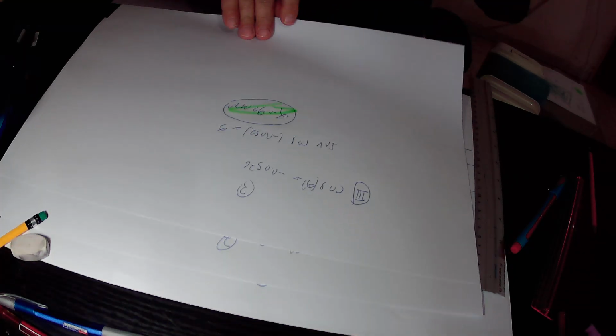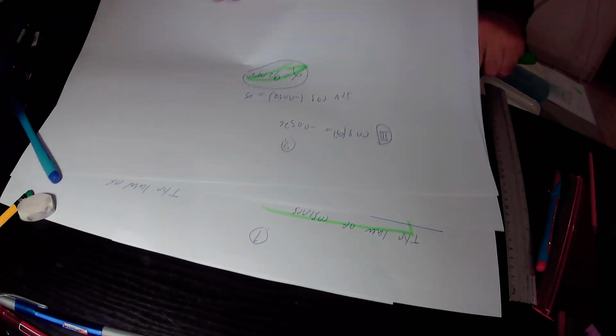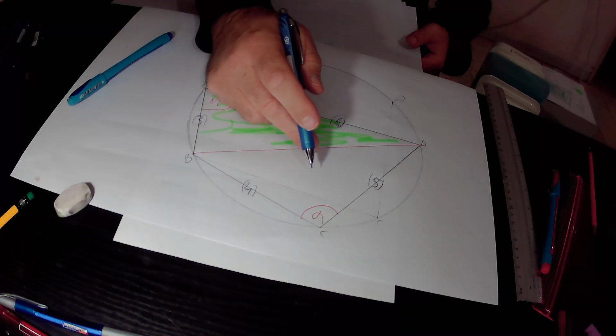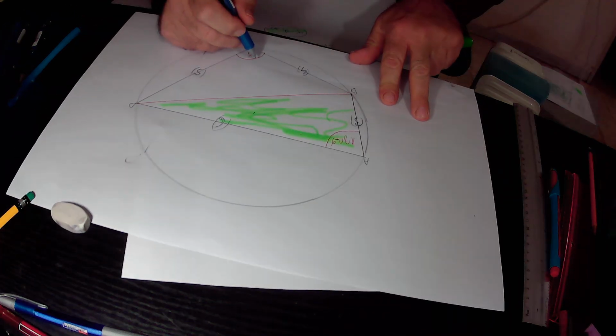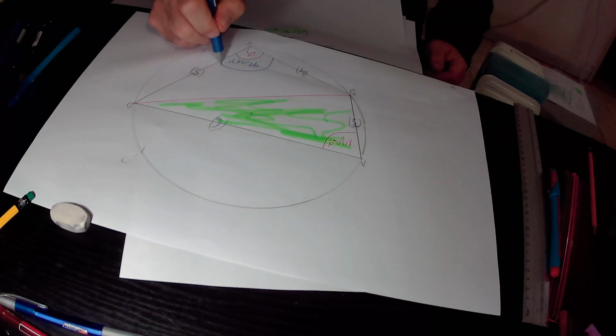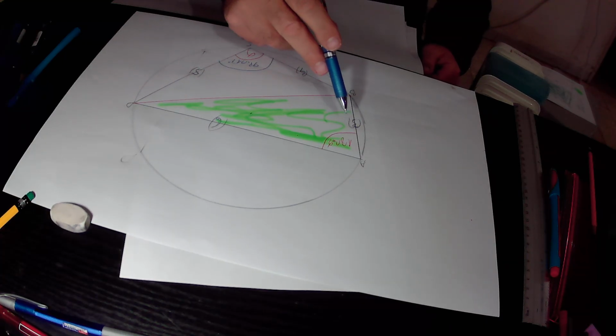So okay, this is again alpha is equal to 93.017 degrees in its size. Therefore, this angle equals 180 degrees minus alpha.